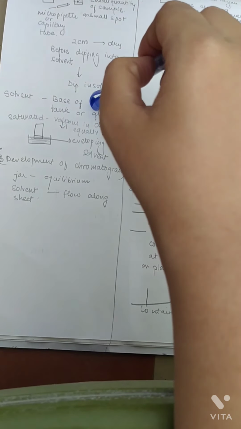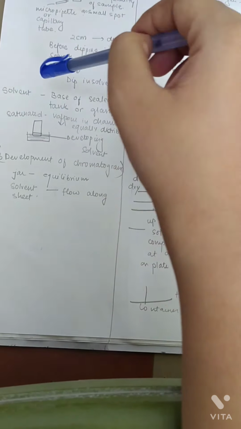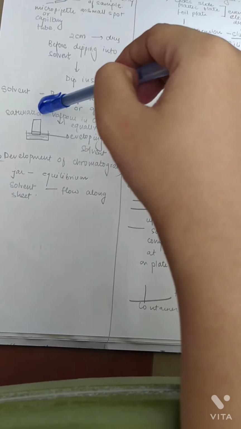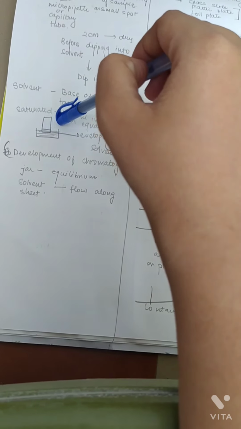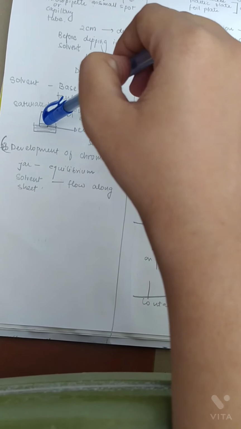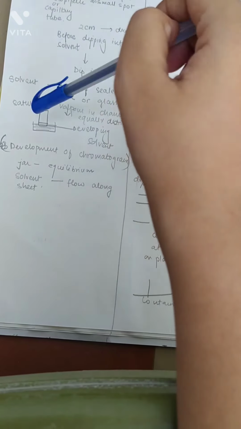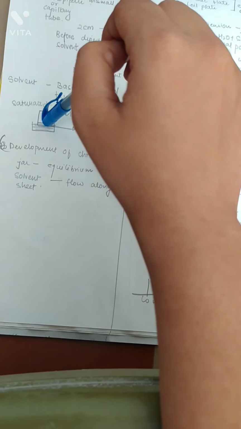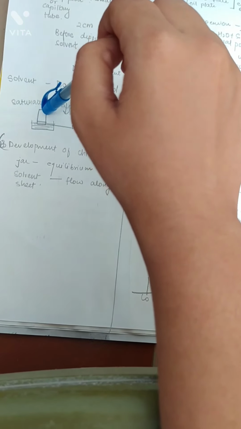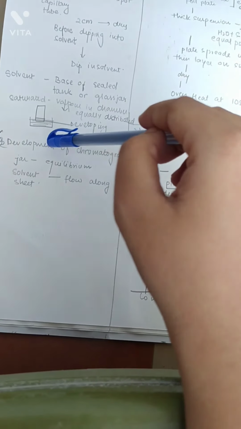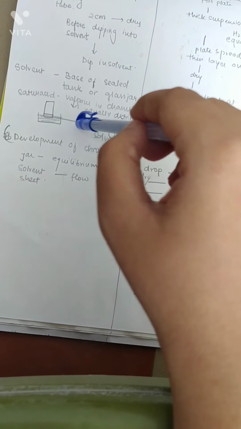Now the sealed tank is filled with the solvent, so now the area of the paper which is dipped, the one thing you have to remember is that you don't have to let the sample be dipped in the solvent. The area of our stationary surface, that is the paper, which is dipped in the solvent, is known as developing solvent. Okay, and at the end there would be a development of chromatogram.